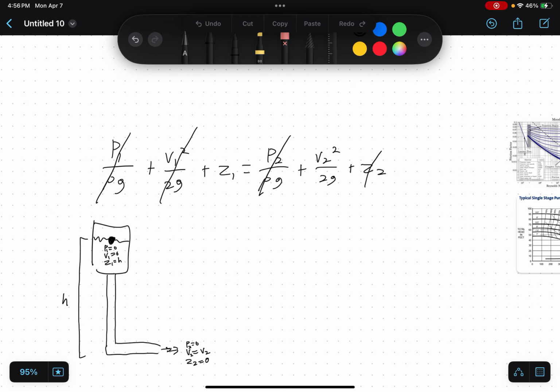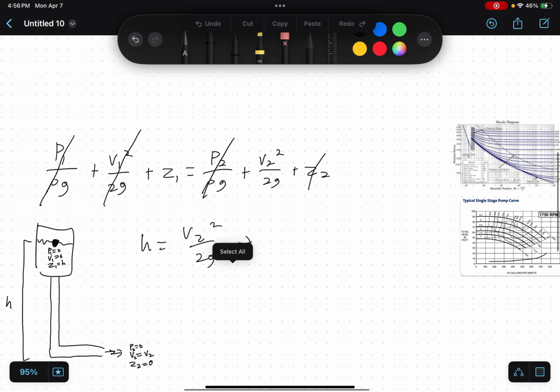So we end up with H equals V2 squared over 2g. And this can be rewritten as V2 equals the square root of 2gh.